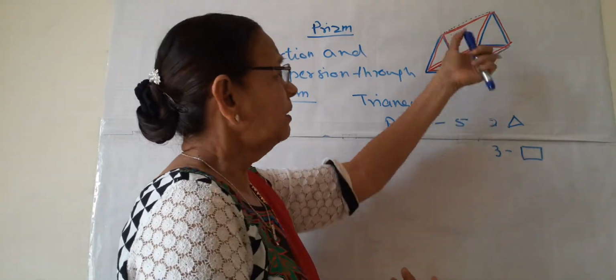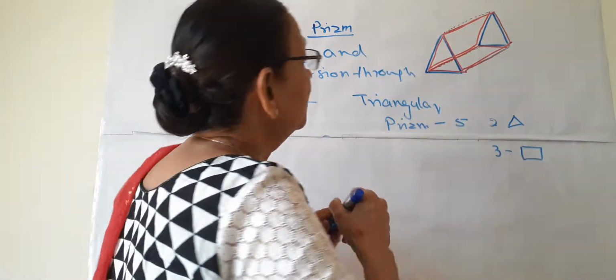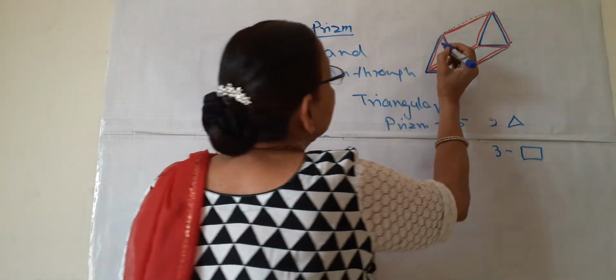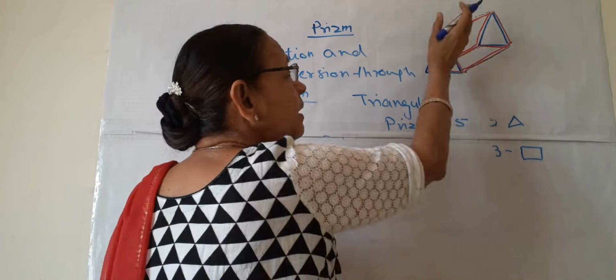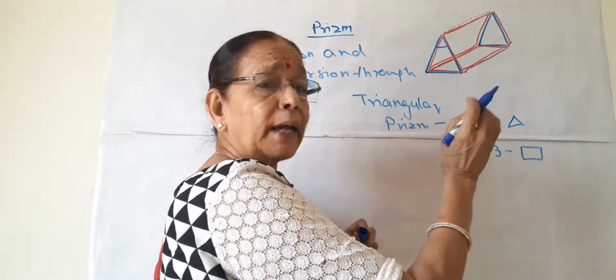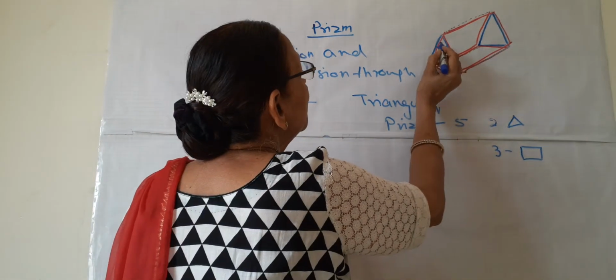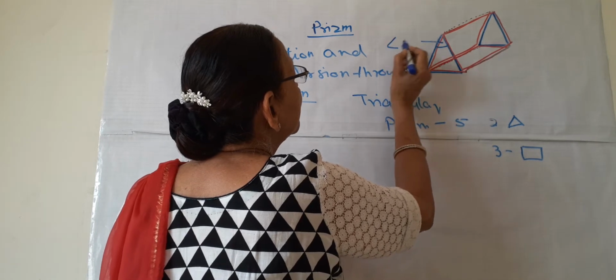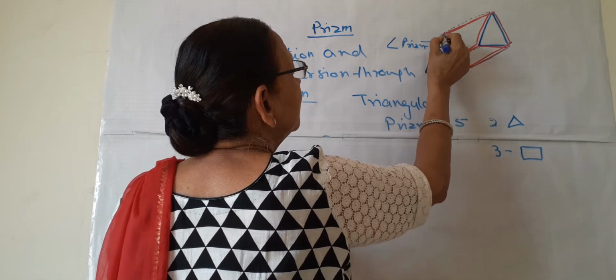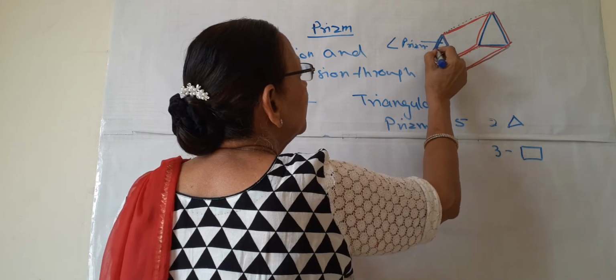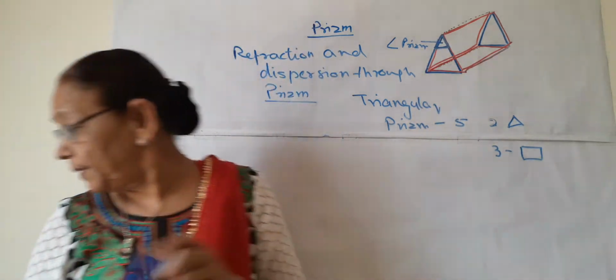This angle which is present between the 2 rectangular sides is known as the angle of prism.